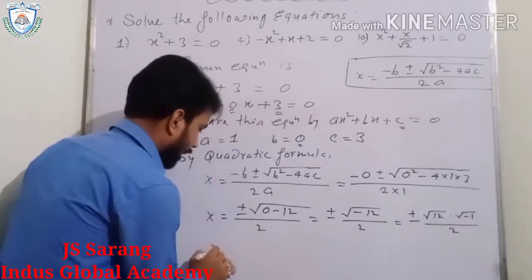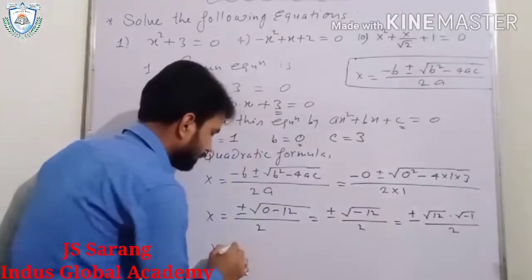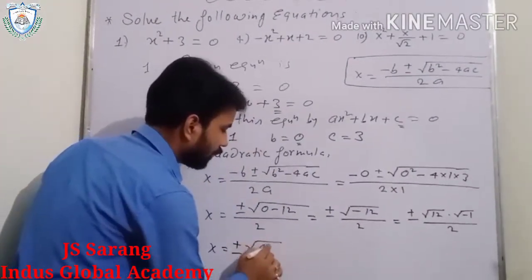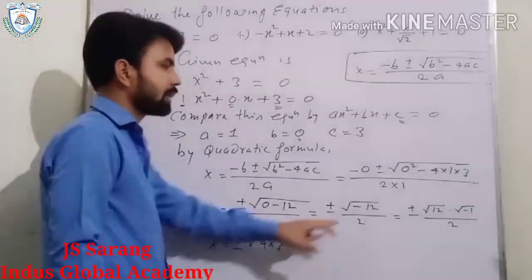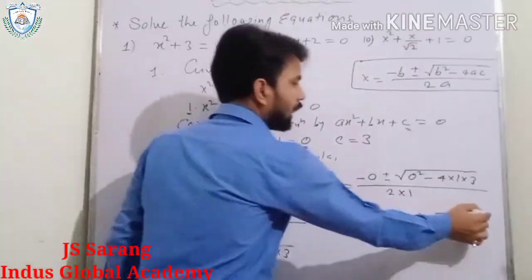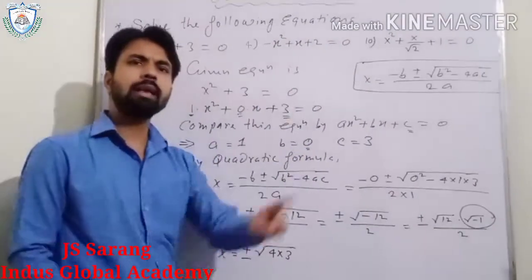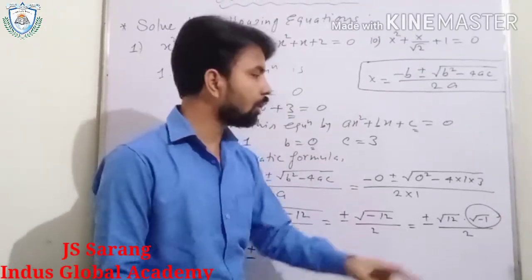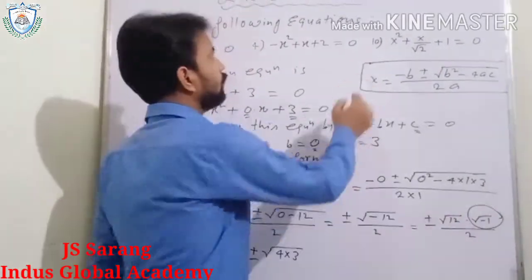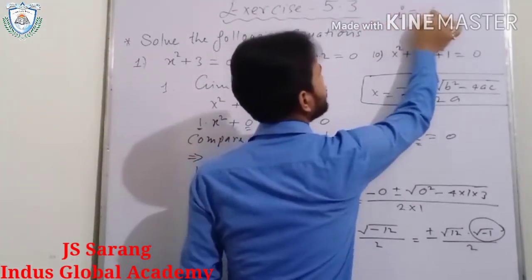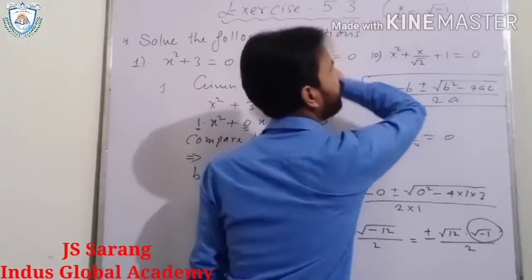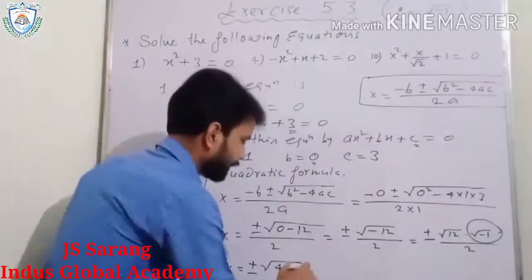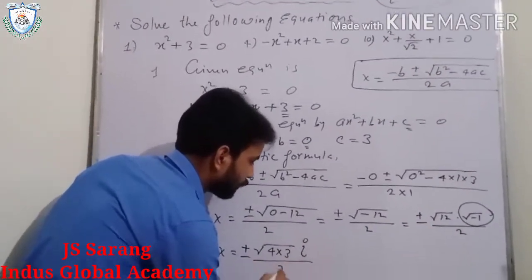Now see, x equal to plus minus will remain same. This 12 can be written as 4 into 3 because we know that 4 3s are 12. And this under root minus 1, I told you in the previous video, the value of iota i equals to how much? Under root minus 1. We know that the value of i is under root minus 1. So in place of square root of minus 1 we can substitute i upon 2.